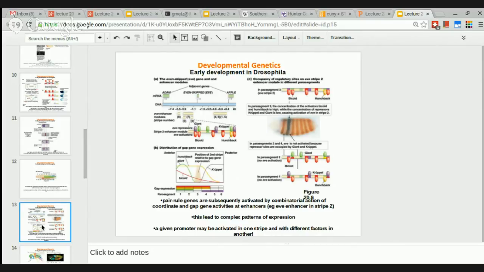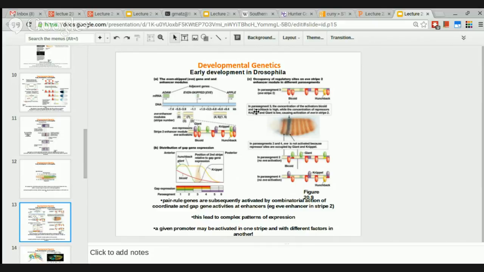And if you mutate that, you will not get expression in stripe 2, but you'll get expression in stripe 1, etc. For example, if you take stripe 5, that's the element over here. Stripe 5 requires this piece, but not the others. So this piece, which contains a bunch of enhancers and silencers, is called the stripe 2 regulatory element, and it's shown here down below.